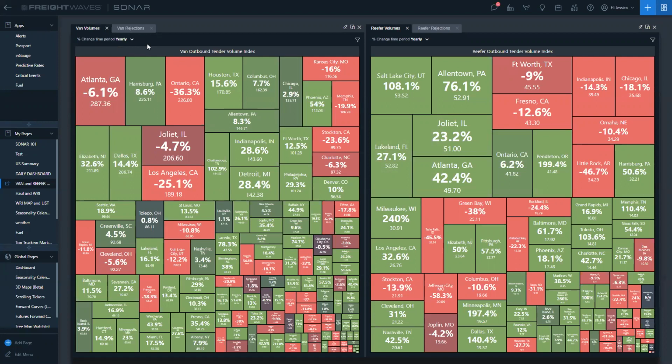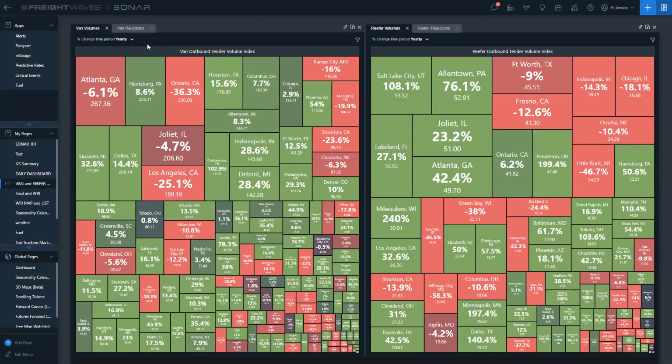And if it's increasing, that means that market's been growing year over year. If it's decreasing, you can understand that that market has decreased year over year. Although it hasn't increased or decreased year over year, it might have increased or decreased over the last month. So you can play around with those percent change time periods based on what you're looking for.